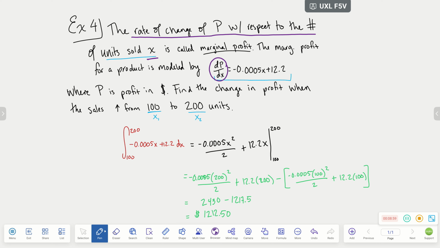So when I'm reading this as someone doing the problem and I see rate of change of P, I'm automatically thinking dP, and then it says with respect to, so over the change of x. So if they don't give that to you, then they're going to expect you to know that you can put it in notation like this.